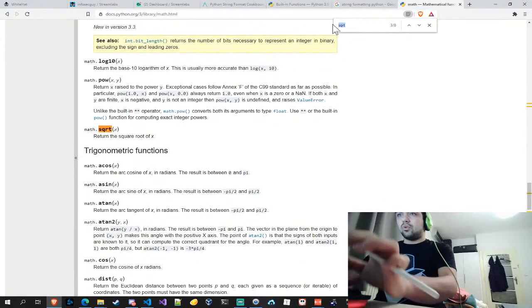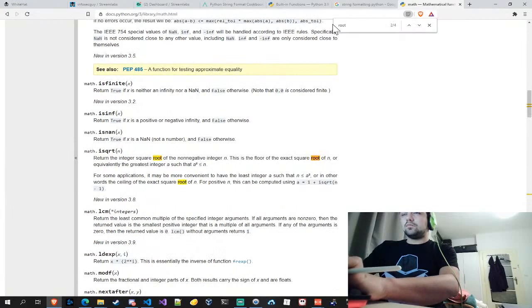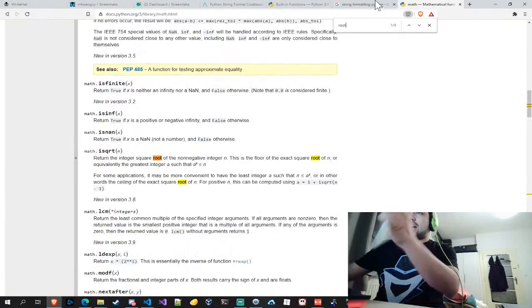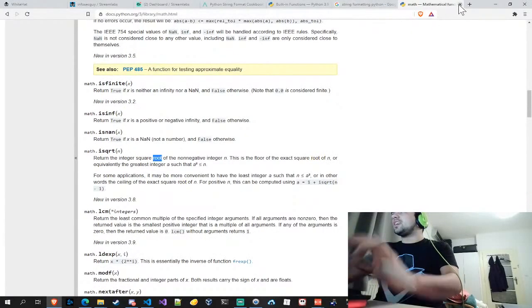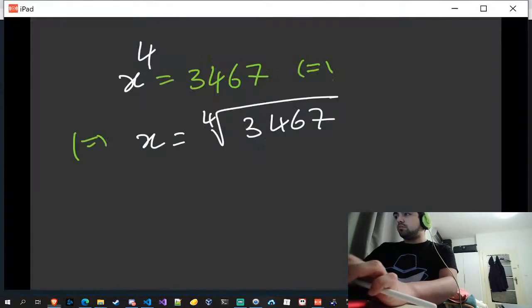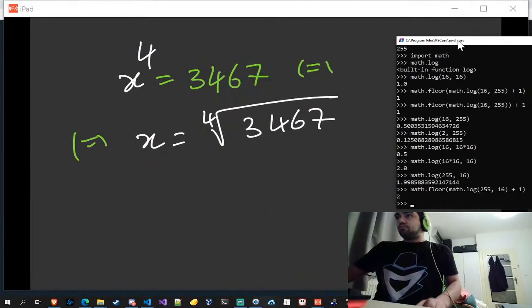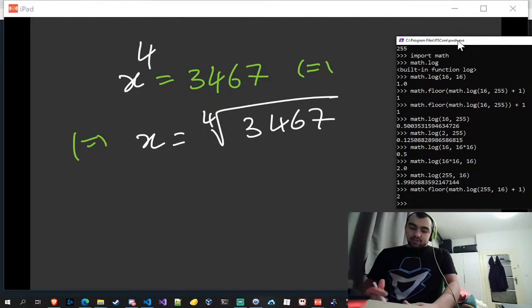Wait, I don't want the square root, I want the root. But I don't actually need to know this necessarily because I can just raise it to whatever power I want. So x is the fourth root of this number.